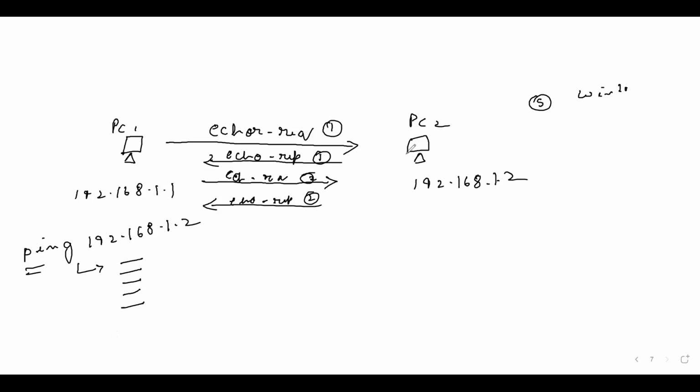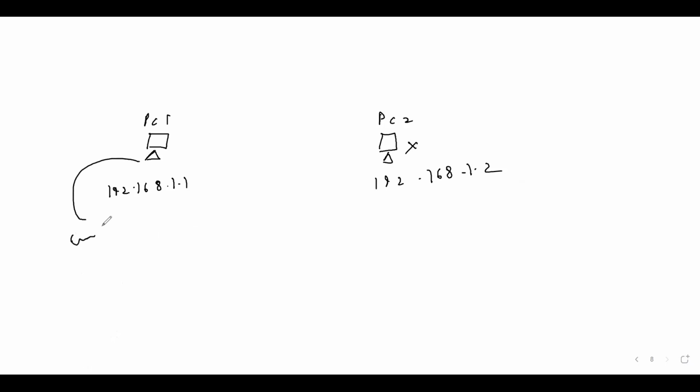One more scenario: this machine is not reachable, 192.168.1.2. I open command prompt CMD and use the ping command, ping 192.168.1.2 and enter.